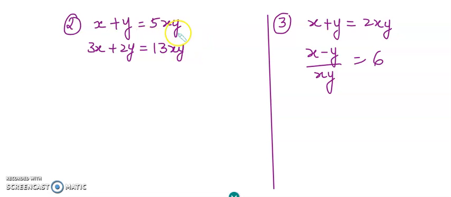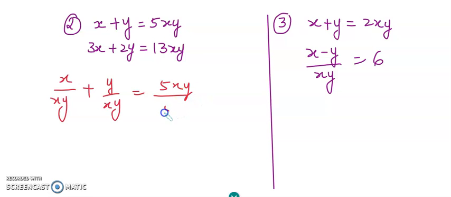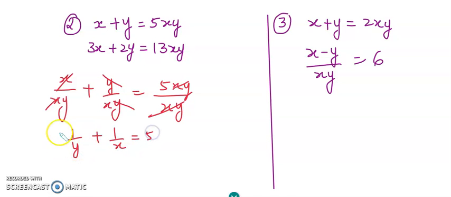So again, what I'm going to do here is divide by xy. So the first equation: x upon xy plus y upon xy equals 5xy, sorry, upon xy, not 5xy. So the xy gets cancelled, here y gets cancelled, and here x gets cancelled. So I end up with 1 upon y plus 1 upon x equals 5, the first equation.